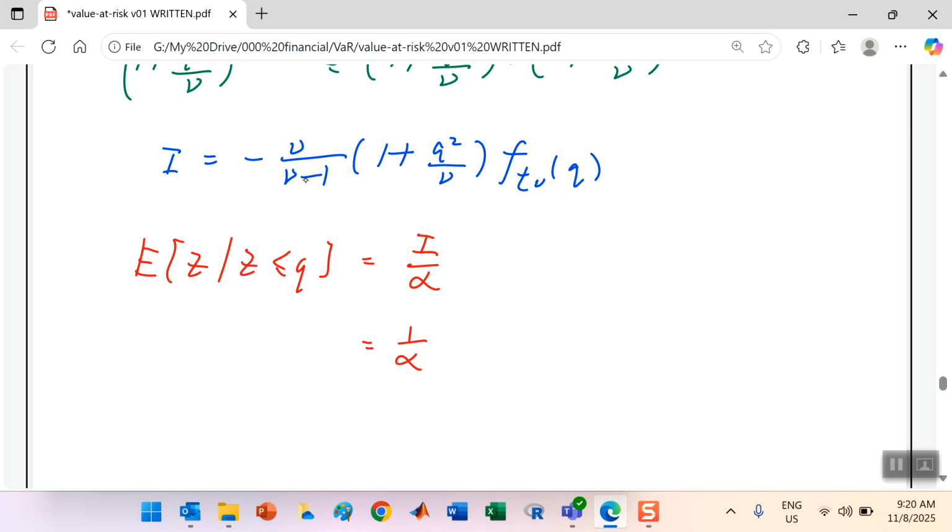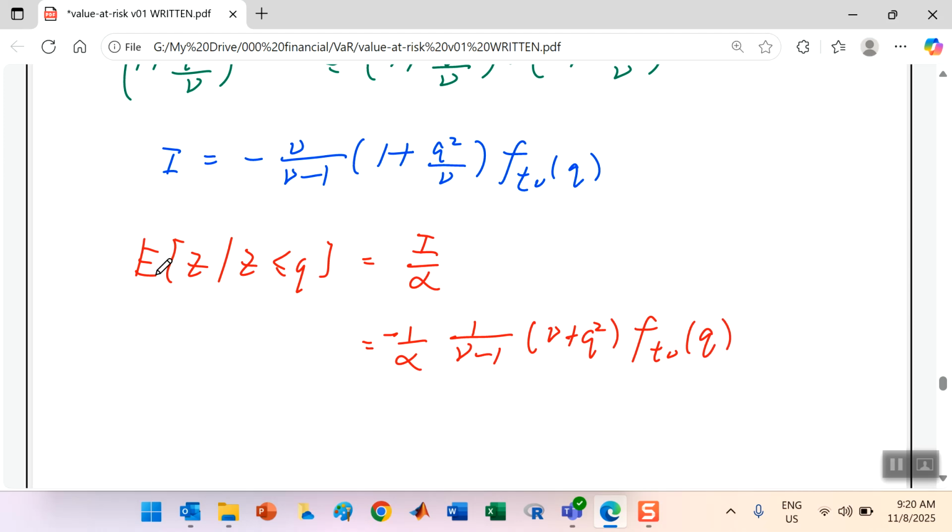You end up having 1 over mu minus 1. Then this is negative. This is negative. So you have mu plus Q squared. Okay, and then the ft, the PDF.